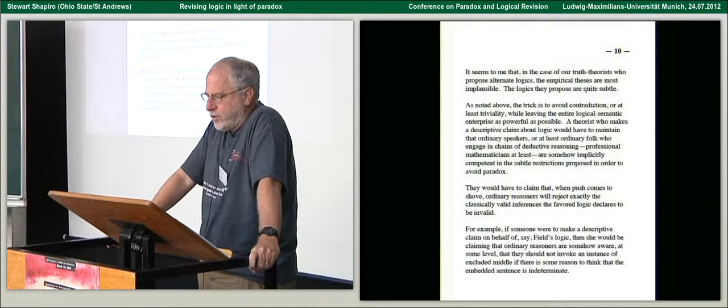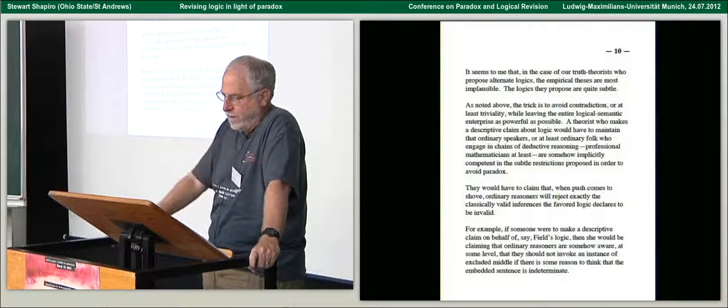So a theorist who makes a descriptive claim about logic would have to maintain that ordinary speakers, or at least ordinary folk who engage in chains of deductive reasoning, say professional mathematicians, are somehow implicitly competent in the subtle restrictions proposed in order to avoid paradox.